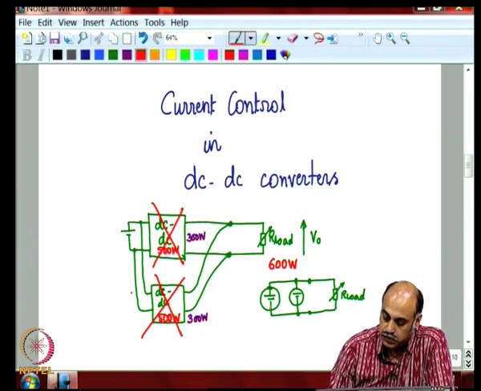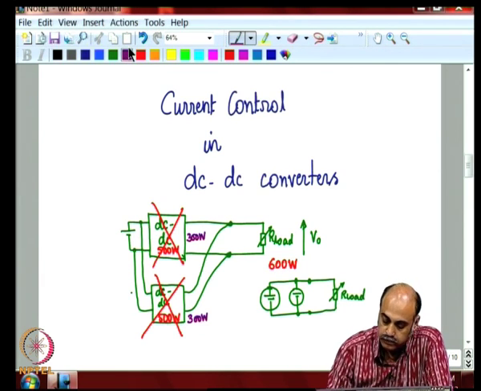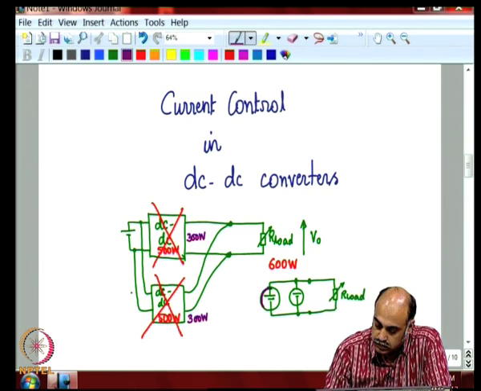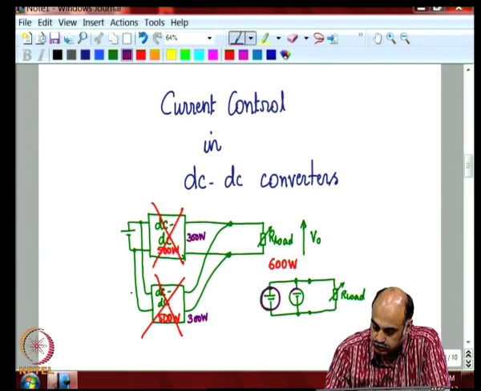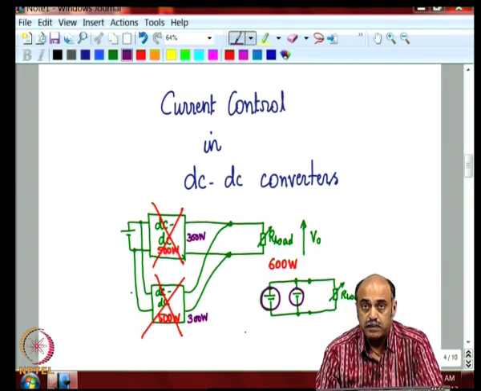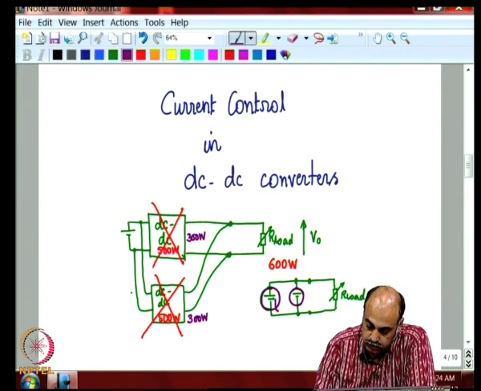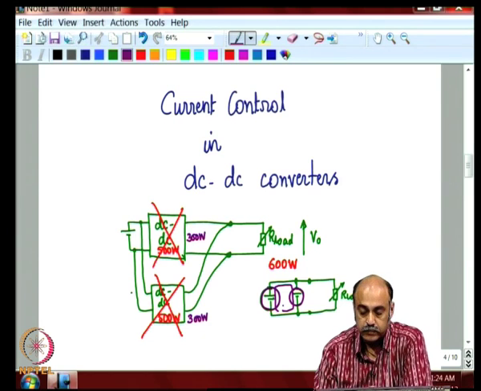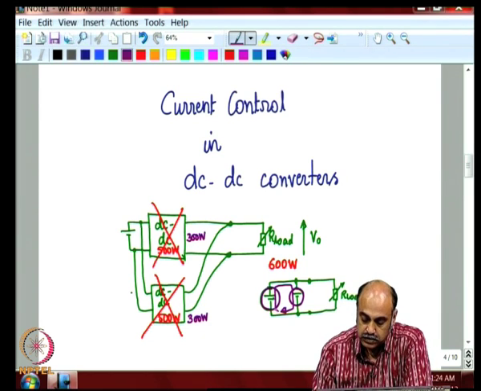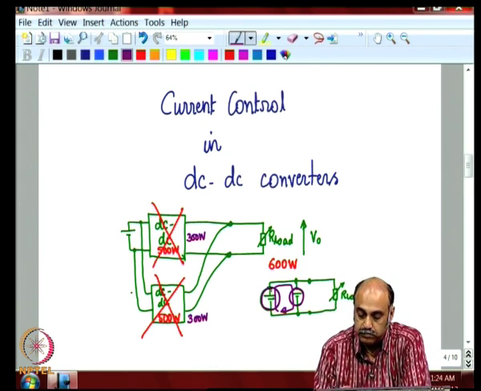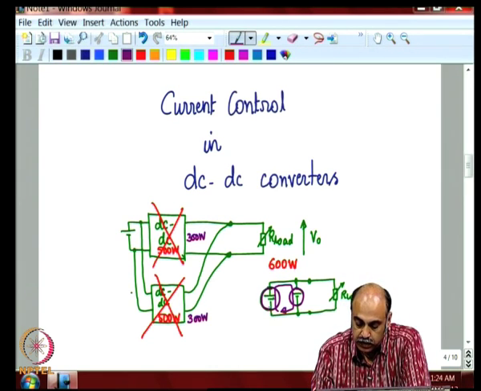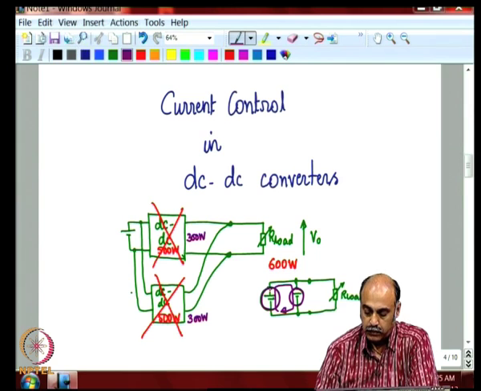However, observe the issue, you cannot connect two voltage sources in parallel, because there will always be mismatch of voltages and each voltage source will try to dominate, and as a result there will be circulating currents within this loop, and these circulating currents can be very high because the impedance in this loop is very low, ideally 0, and even a very small mismatch in voltage can cause hundreds of amps to flow and therefore blow up both this and this sources.